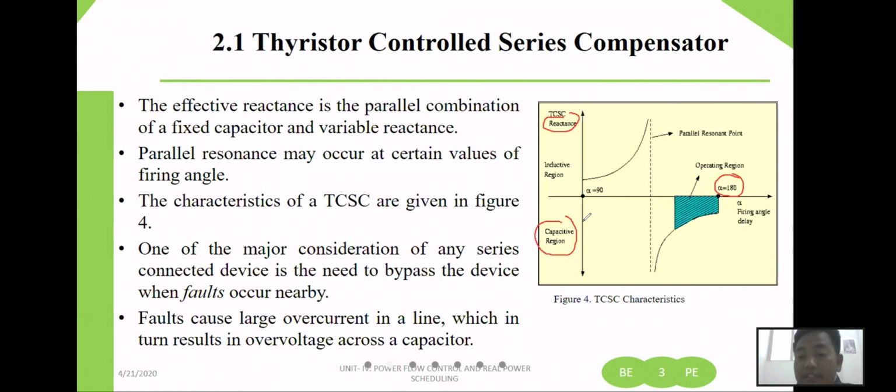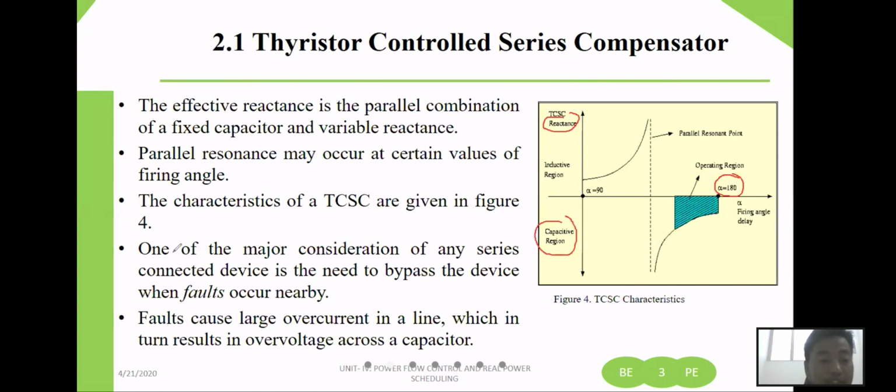In such a case, when you keep on increasing or changing the firing angle, it will reach a point, which we call the parallel resonant point, where both the inductor and the capacitor start operating. In such a case, maximum power can be transferred.